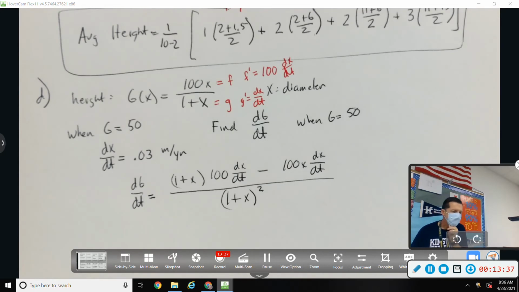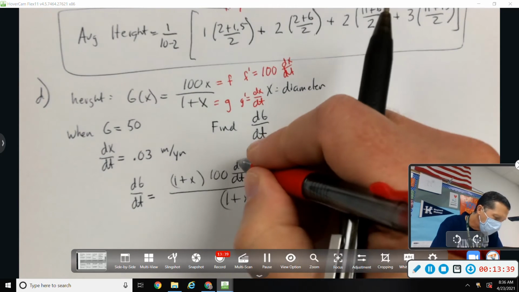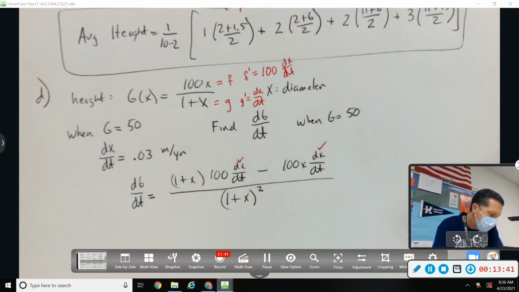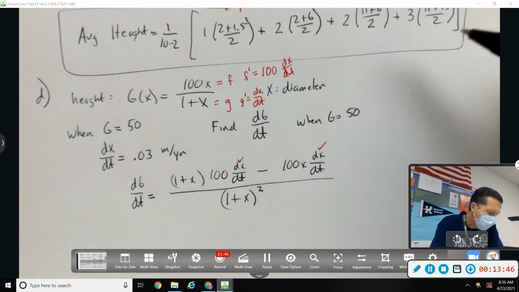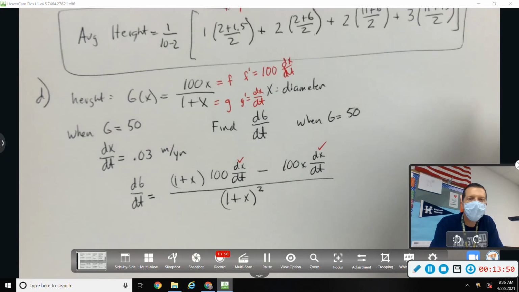All right, let's see. I know dx/dt, but I don't know x. That's kind of annoying. How can I find x? So what do I know? What would help me find x?